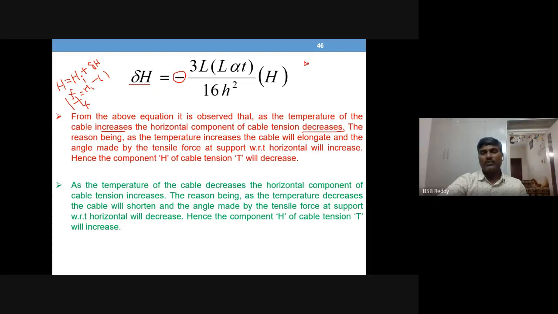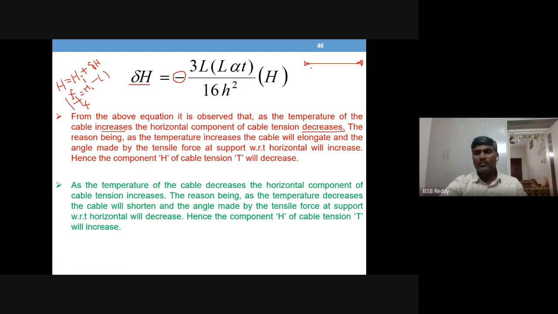Okay, so we have talked about this. I'll tell you again. Let us imagine that this is the cable profile before temperature change. Let me just clear that.